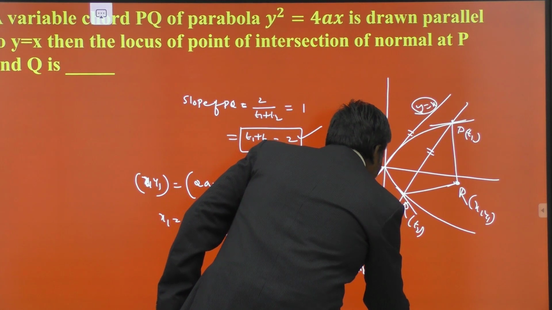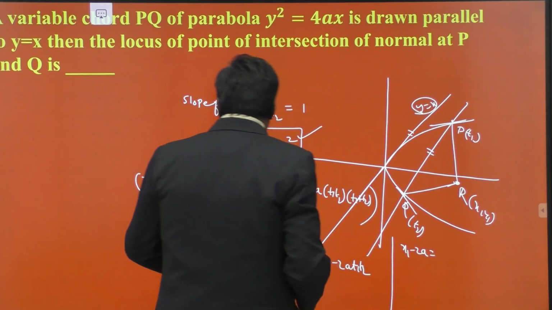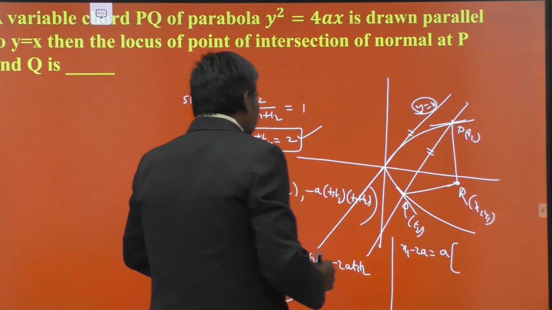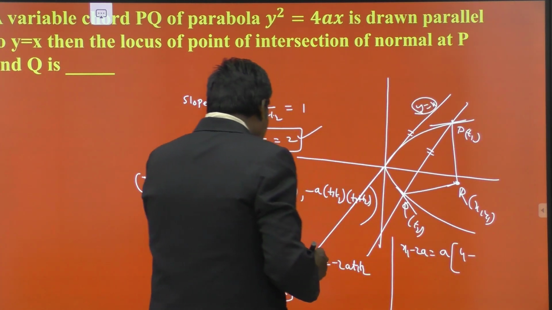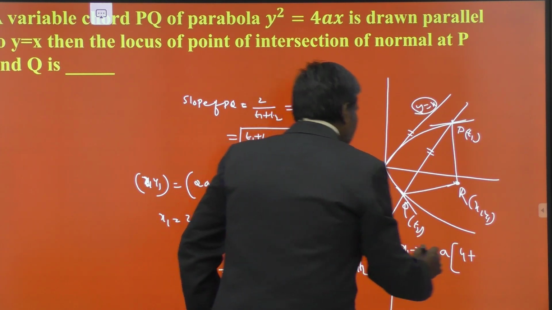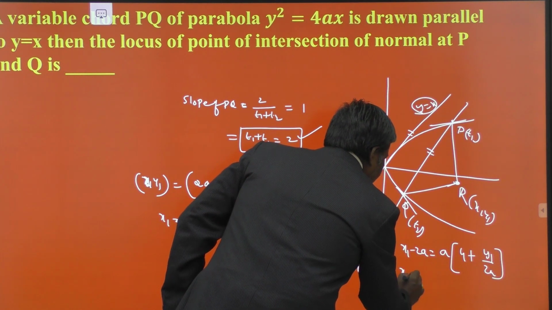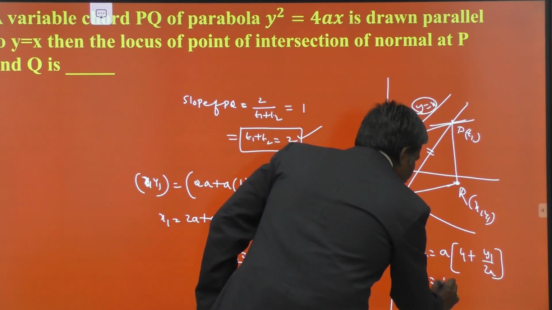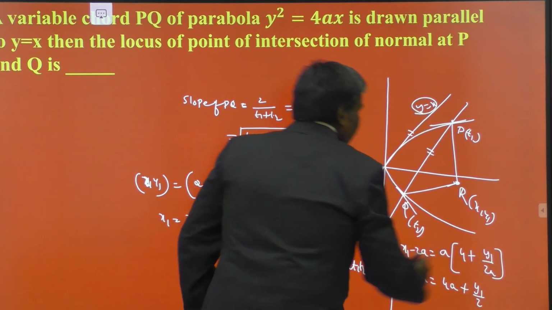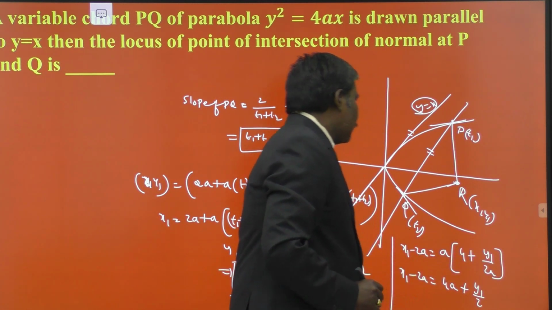So x1 minus 2a is equal to a times of, what is our t1 plus t2? 2. 2 square means 4 minus, what is our t1 t2? Minus y1 by 2a, minus of minus plus y1 by 2a. So x1 minus 2a is equal to 4a plus y1 by 2. Multiplying with a, 4a, a gets cancelled, y1 by 2.